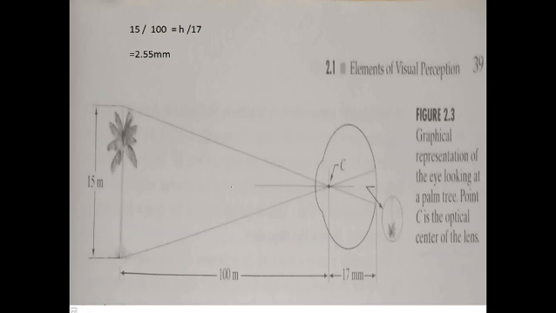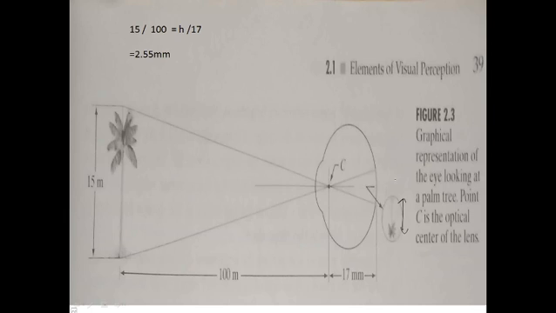This inverted image will be passed to your brain, and the brain inverts the image again, so you are able to see the proper image.